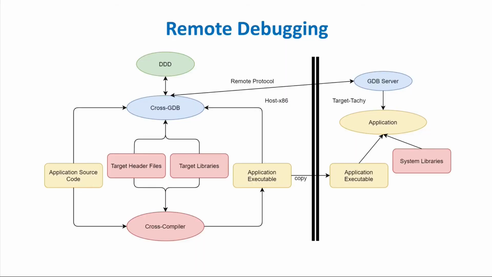There are two parts. There are two machines. One is the host, where you have a cross toolchain installed, and you debug on the remote machine. For us, the target, the remote machine, is our Tachi Linux, where we will start the GDB server, and we will debug it from this x86 host. So let's try that.